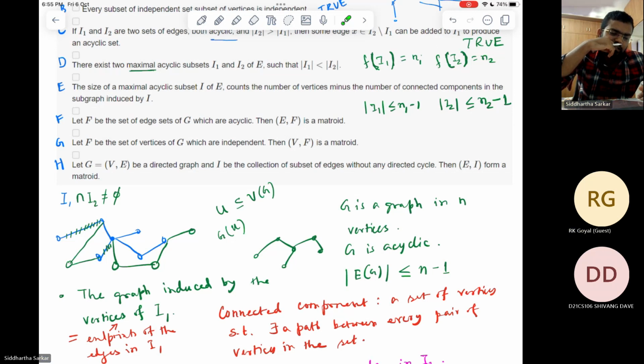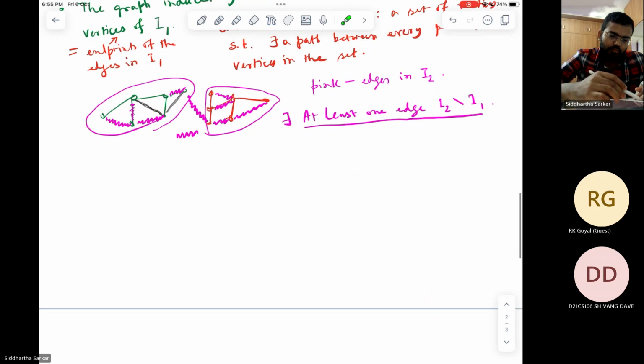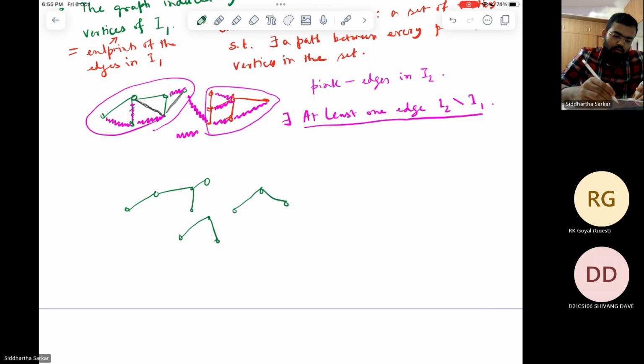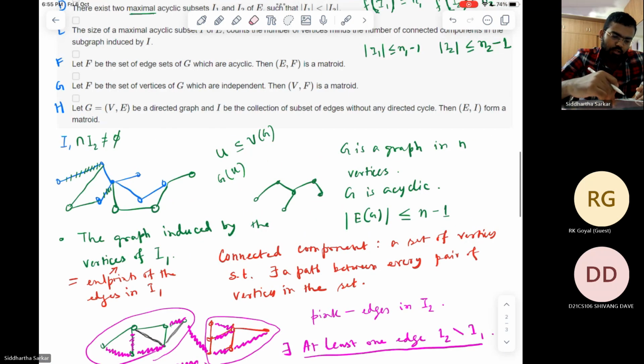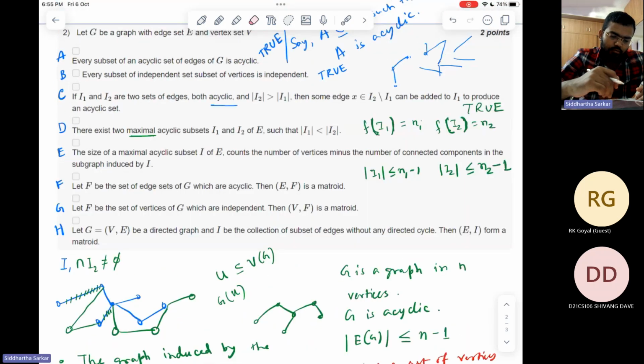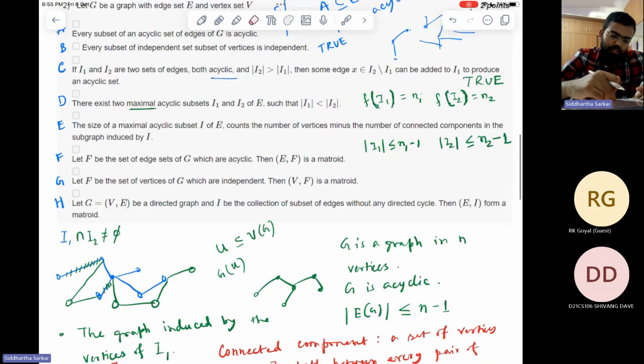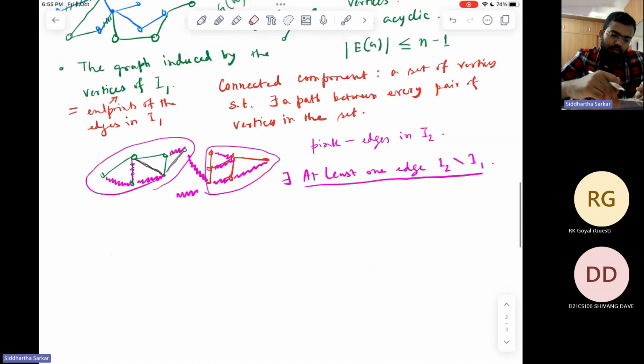So let's take an example. This is a graph. Can we draw a graph where there are more than two maximal acyclic subsets of edges? That is what I'm thinking.